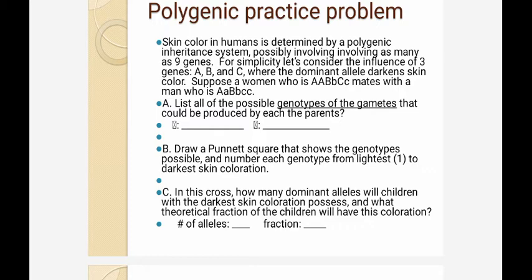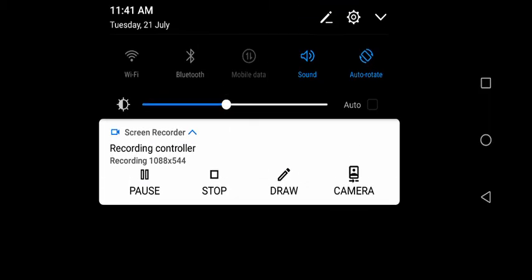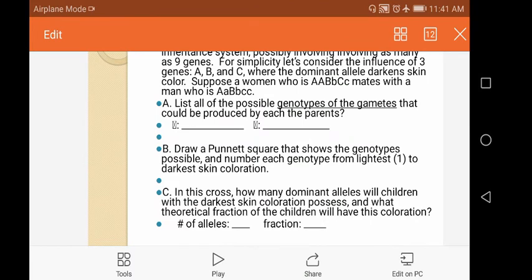Suppose a woman who is AA BB CC mates with a man who is aa bb cc. List all possible genotypes.